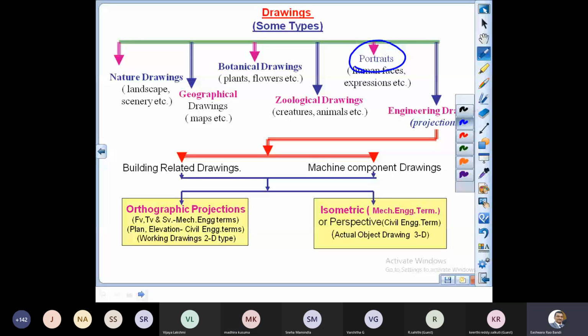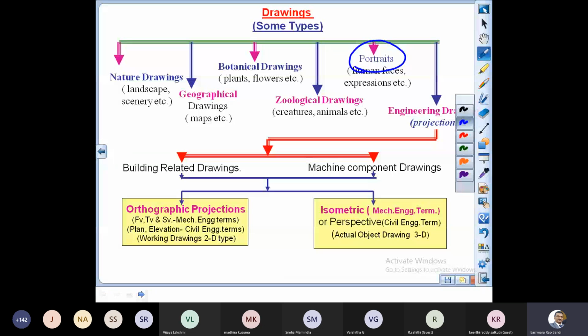Whereas coming to isometric, what is isometric? In orthographic, we have seen how an object or a person can be visible from the front, side, and the top. That is represented in orthographic projection.